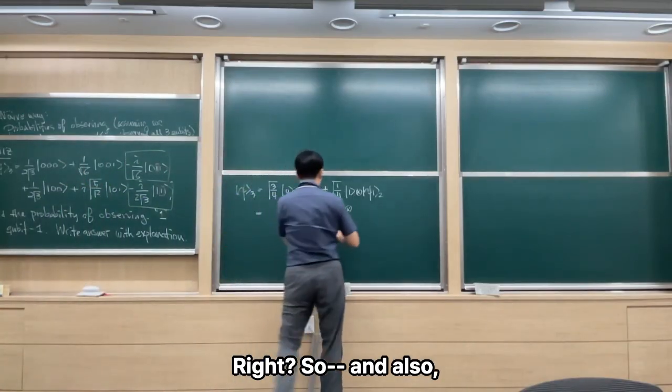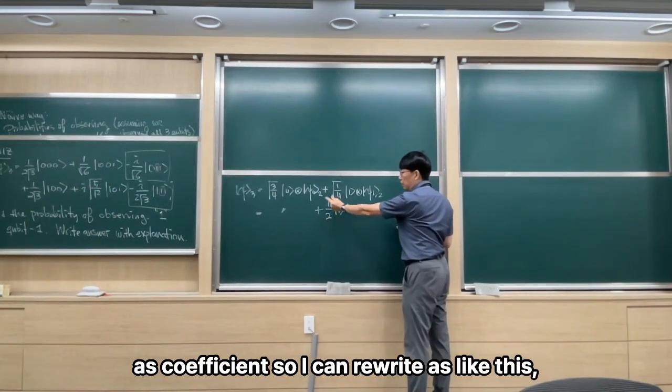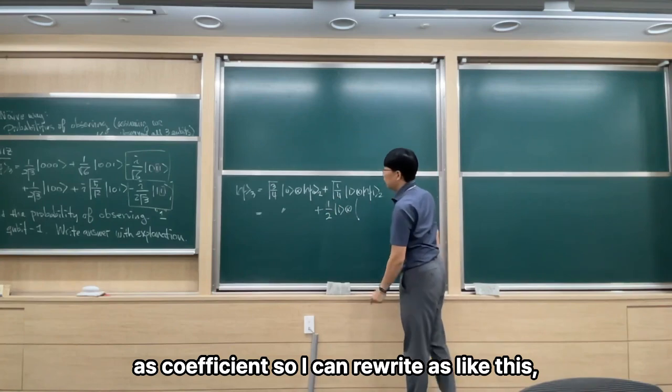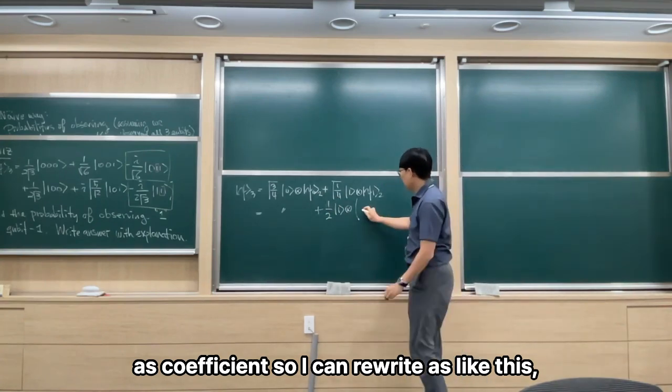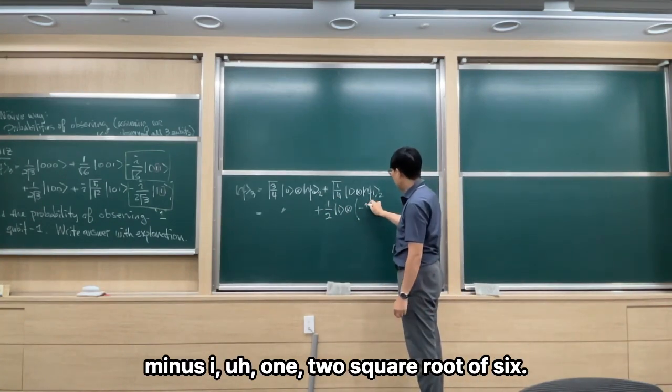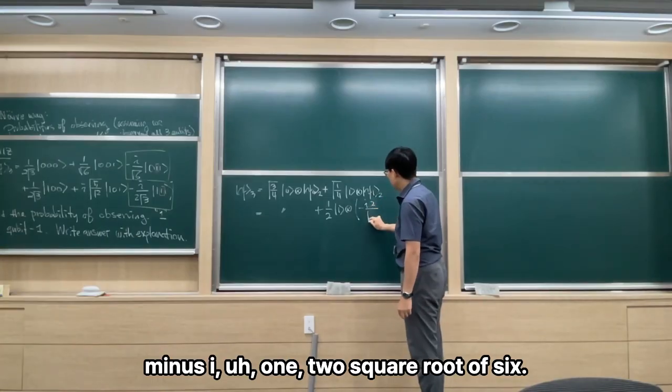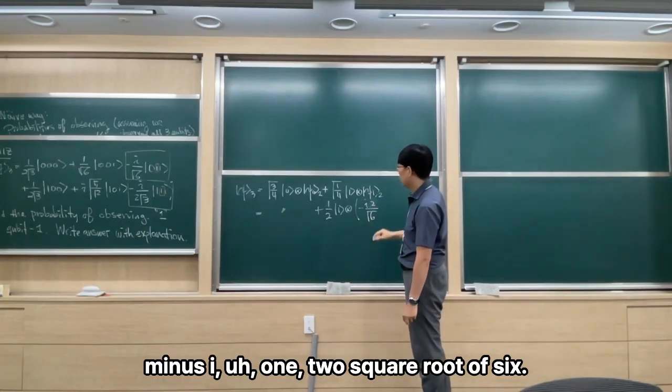And also I took out 1 over 2 as coefficient, so I can rewrite it like this, minus i, 2 square root of 6.